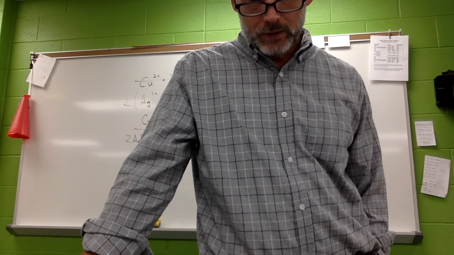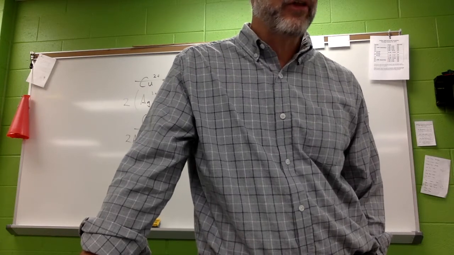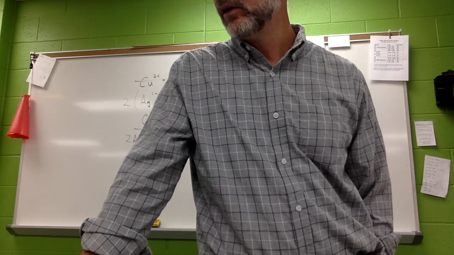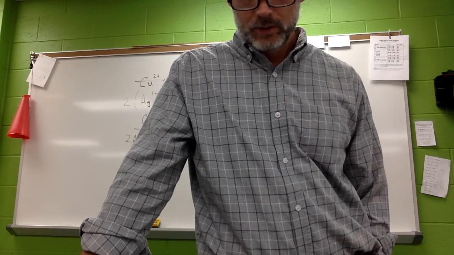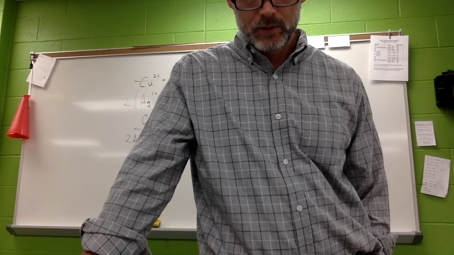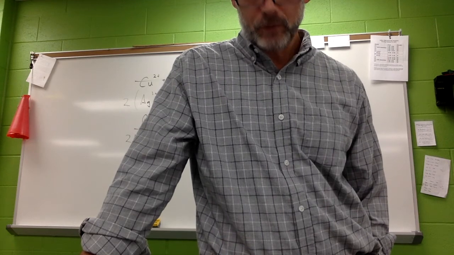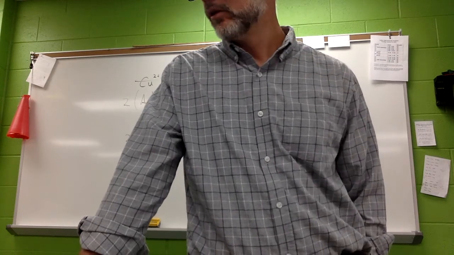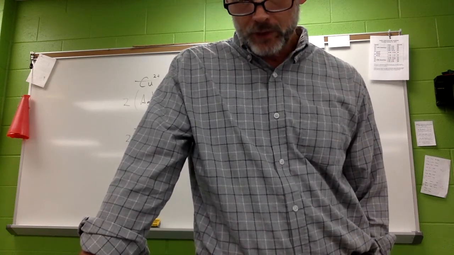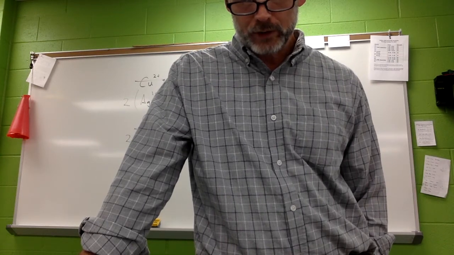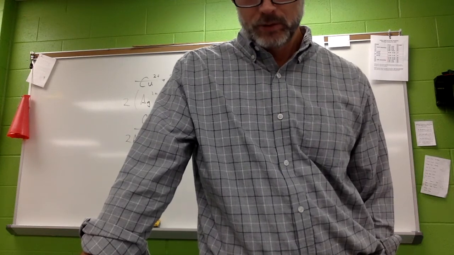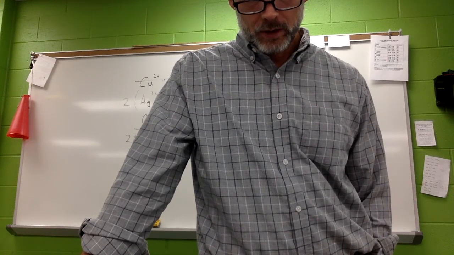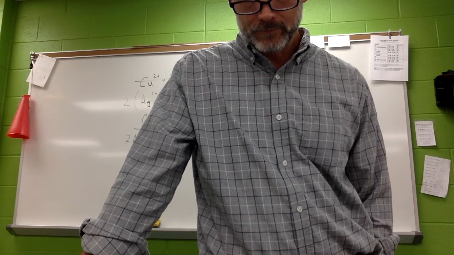Example number 4. Which electrode is the cathode in this scenario? Right, the silver containing side. And what did you get for the overall reduction potential? You know what?